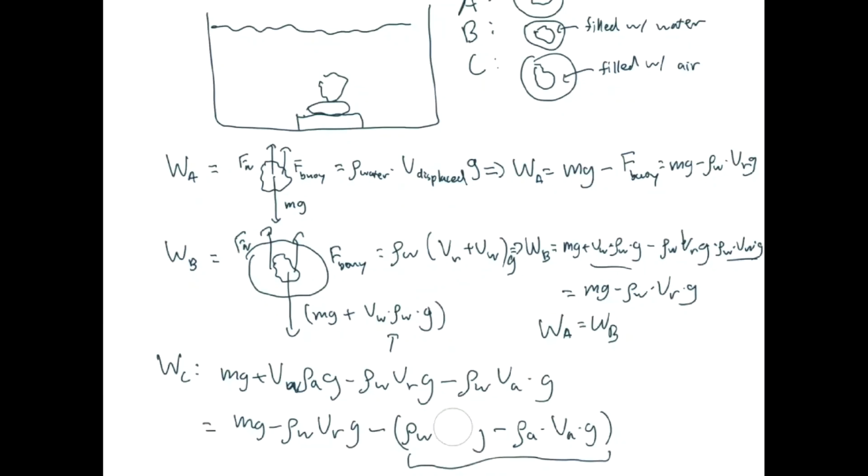Now we can see this is definitely positive because water is denser than air. That then means that the weight that Carol measures is less than the weight that Alice measures, which is equal to the weight that Bob measures. And this is our answer.